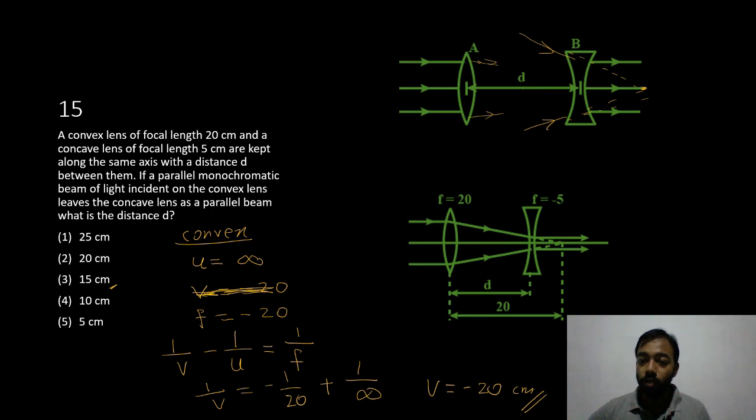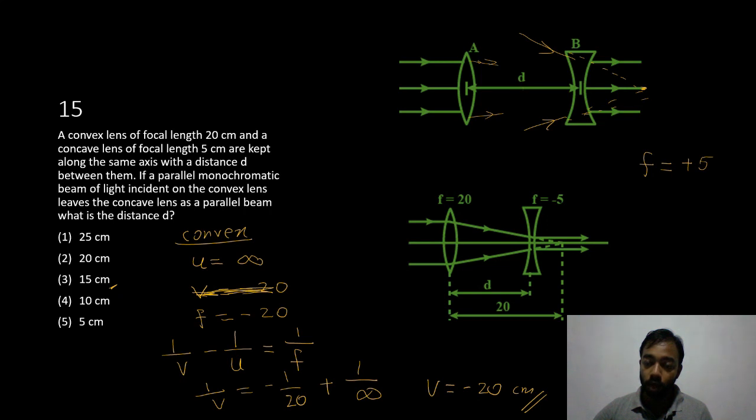Then you can apply the same equation for this concave lens. You know the focal length of a concave lens is assigned positive, so f is equal to positive 5. The necessity is that the object should be a virtual object which lies at the focus of this concave lens.